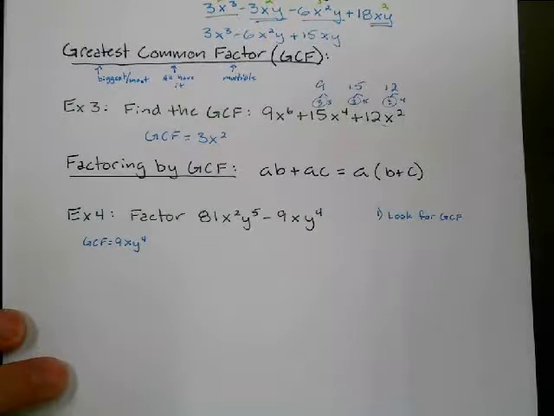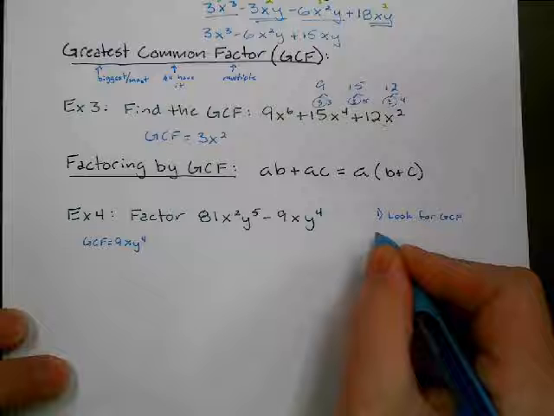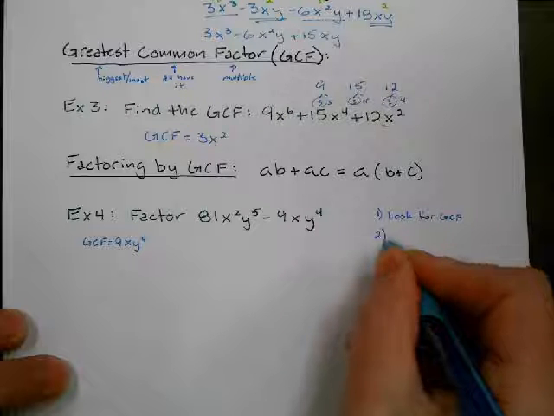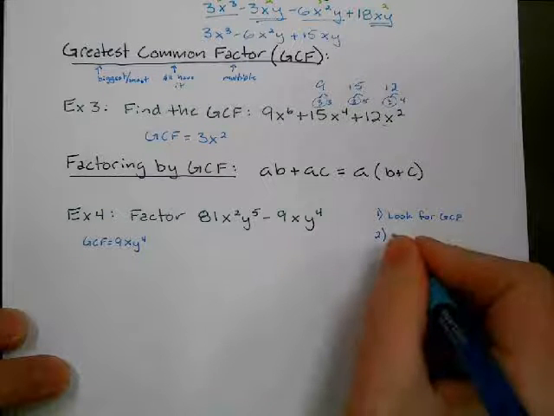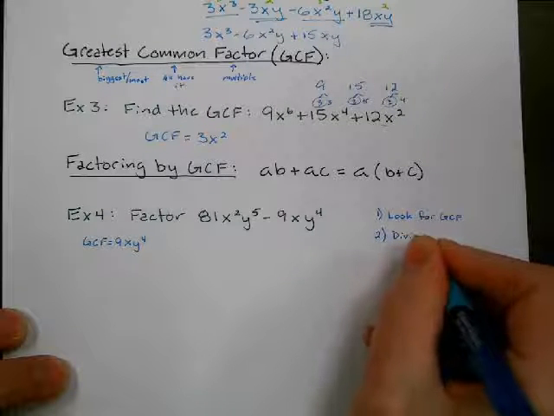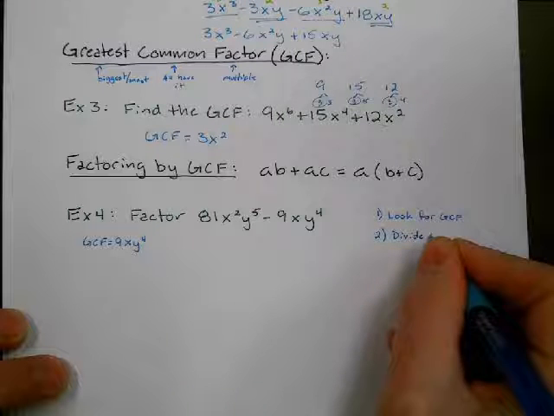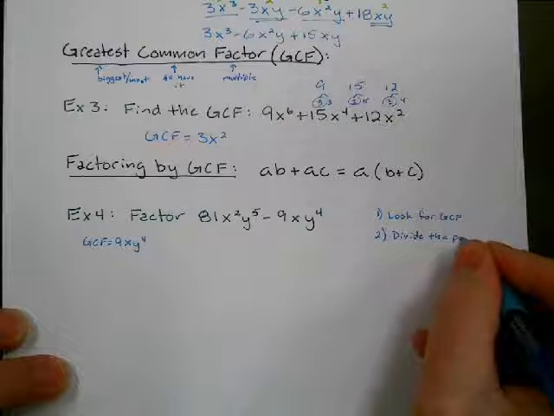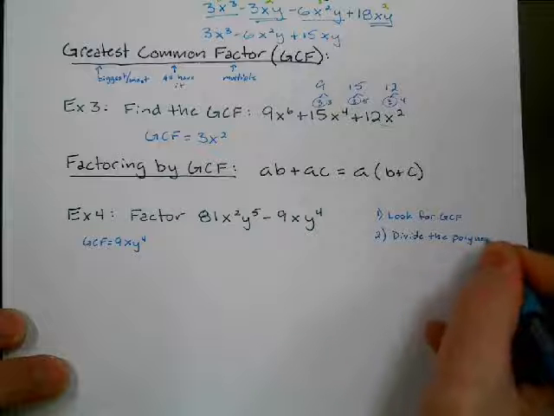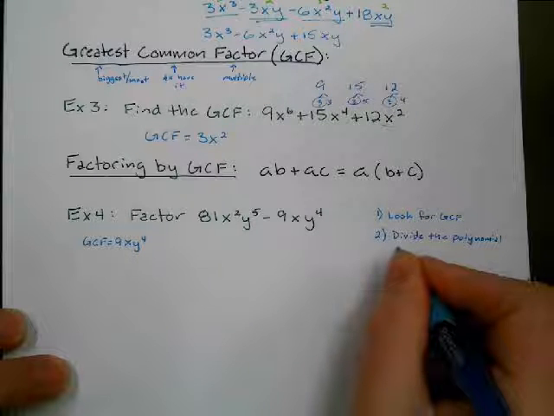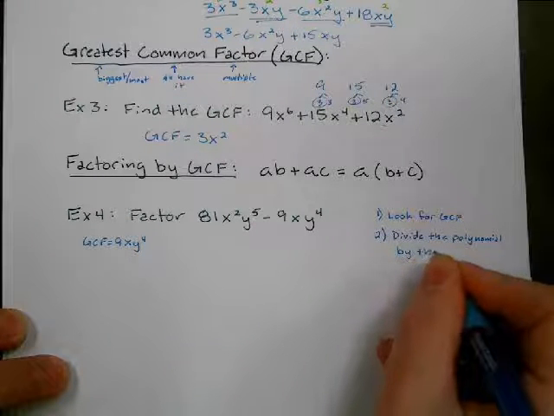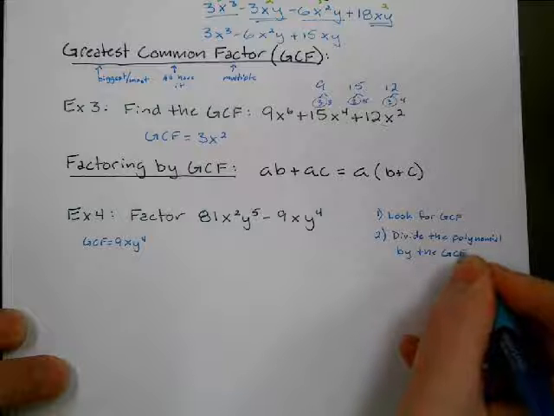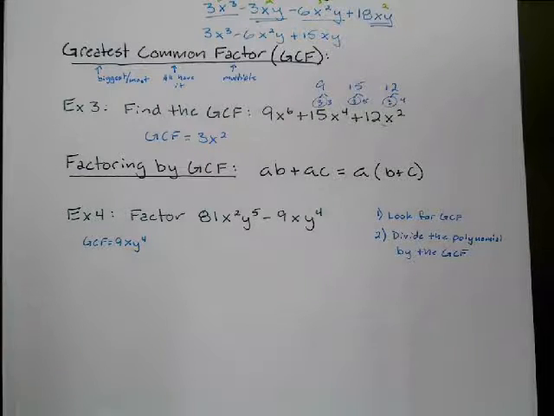So once we find the GCF, our next step is to divide the polynomial by the GCF. And this makes sense when you realize that what we're doing is undoing the distributive property.